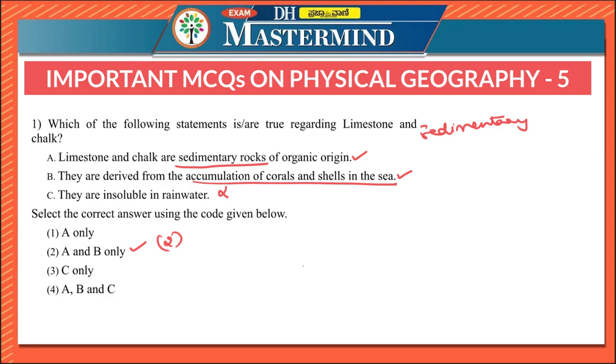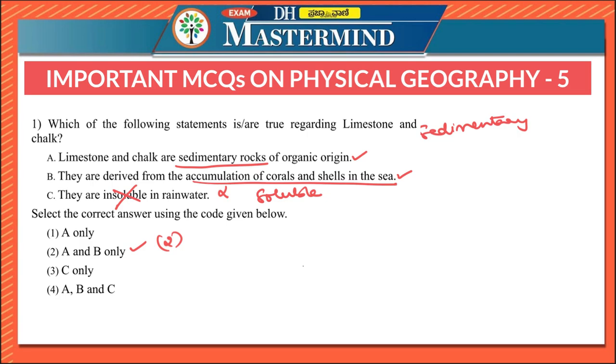They are derived from the accumulation of corals and shells in the sea, and they are soluble in rainwater. They are not insoluble. So the right option over here is option 2, A and B only.